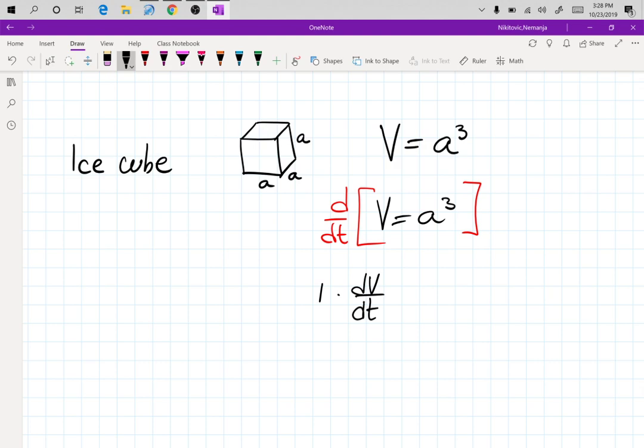This equation here is called related rates.